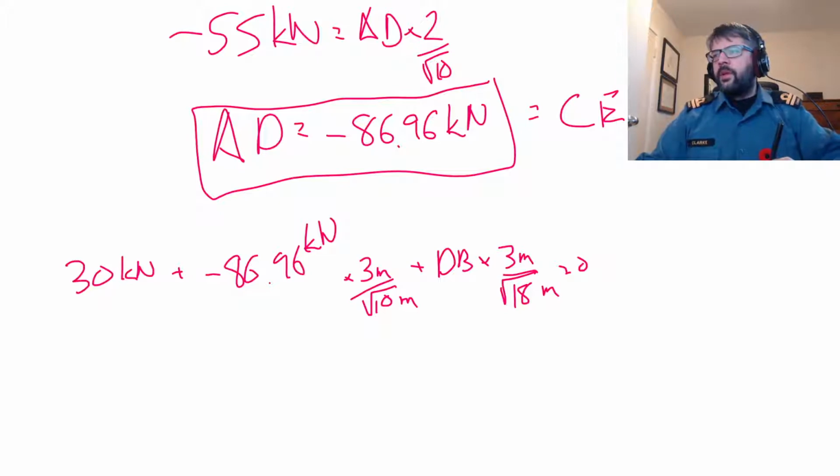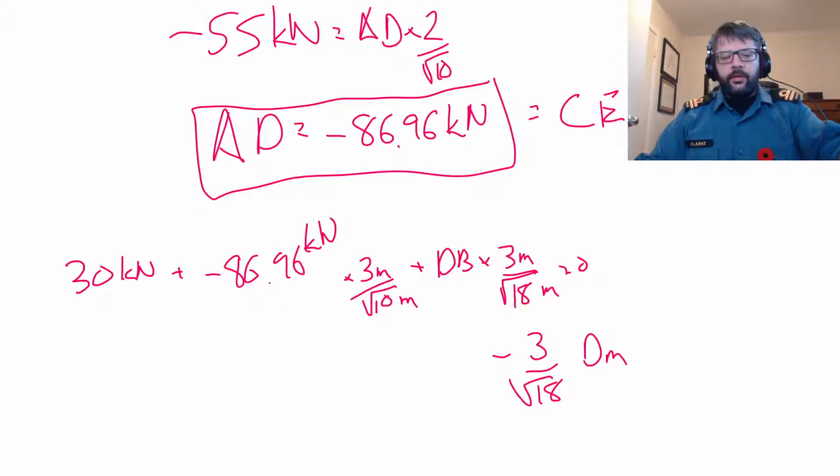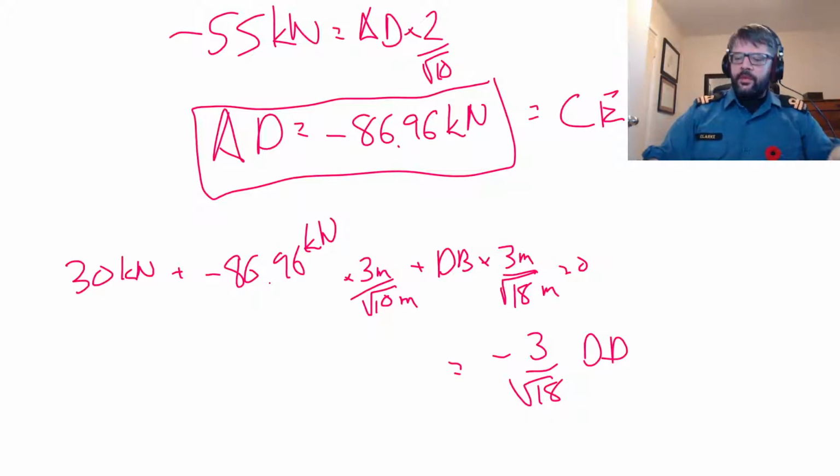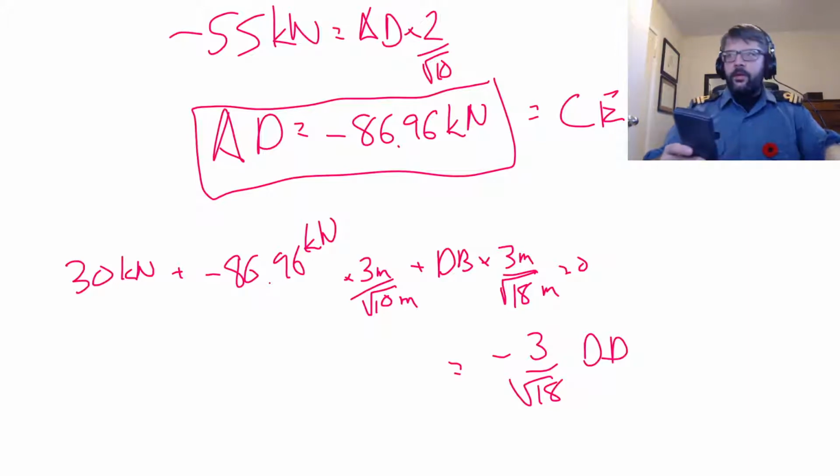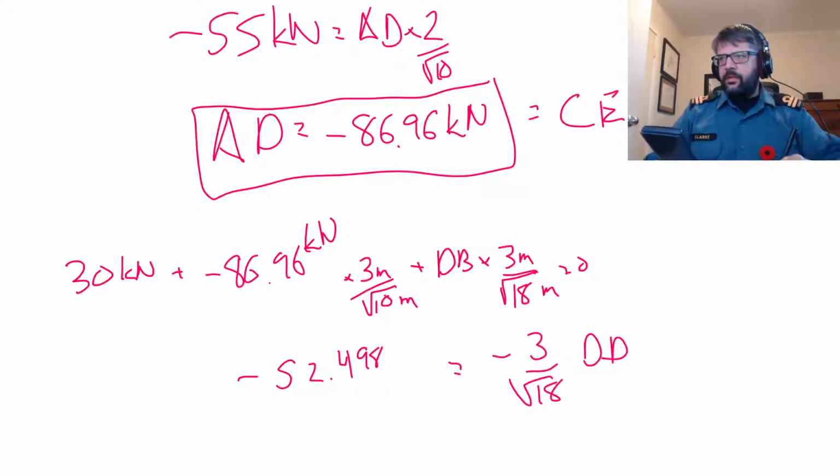So negative 3 over root 18 DB is going to be equal to 30 kilonewtons minus 86.96 kilonewtons times 3 divided by root 10, which is negative 52.498 kilonewtons.